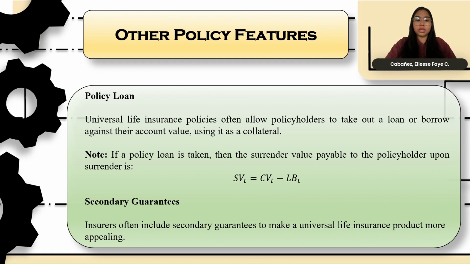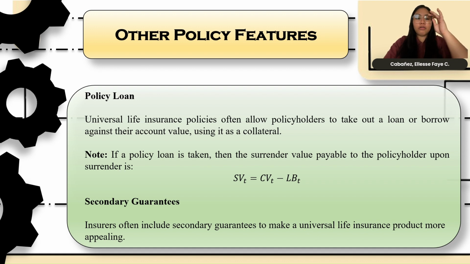Let's start with the policy loan. This is usually offered by insurers, which lets policyholders use their account as collateral when they take out a loan. For example, you have a universal life insurance with a cash value of 1 million. Then suddenly you have an emergency and need half a mil. But instead of taking out a high interest loan from a bank, you borrow from your insurance policy since policy loans have lower interest rates.